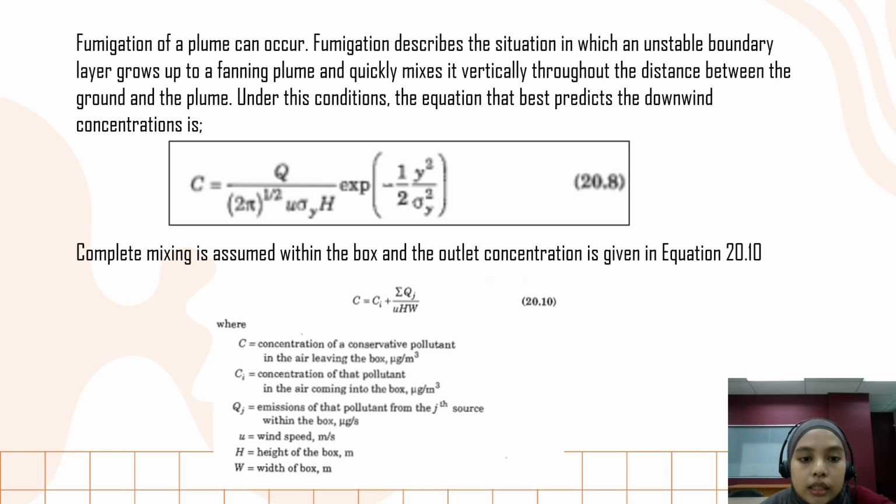So equation 20.8 can predict the downwind concentration, and for complete mixing we can use equation 20.10.